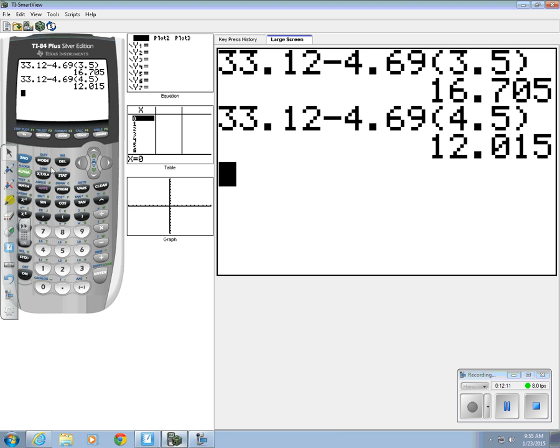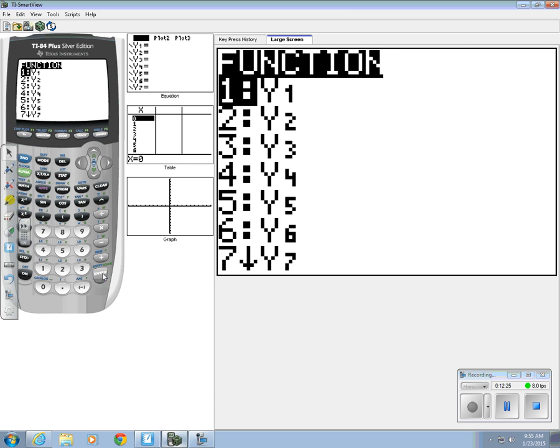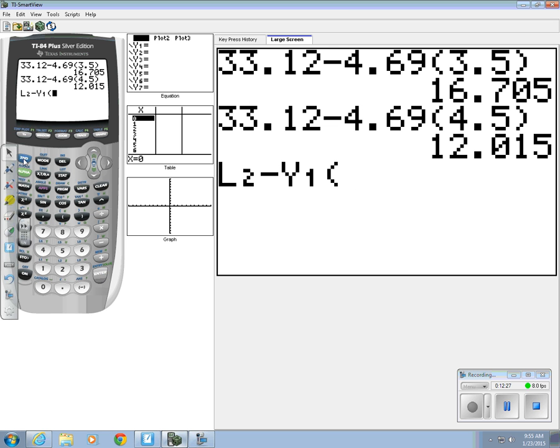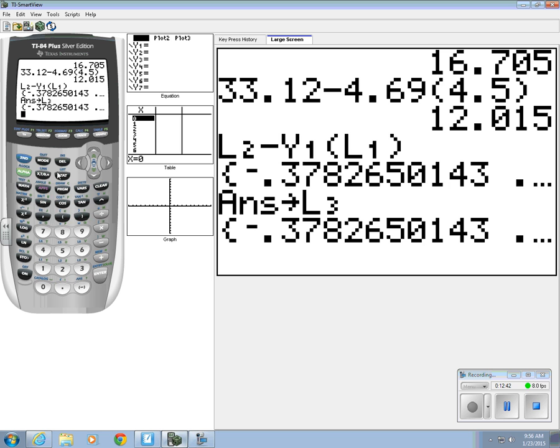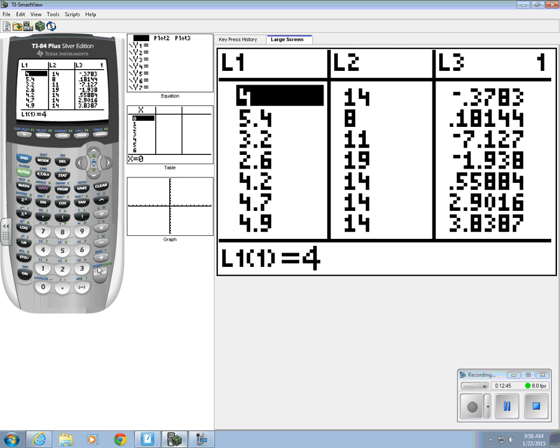You do L2 minus, again, there's a shortcut of alpha trace, but in this one you have to do vars, y-vars, function, y1, and then put parentheses and put L1, enter, and then store that in L3. So now you have all of the residuals in L3.